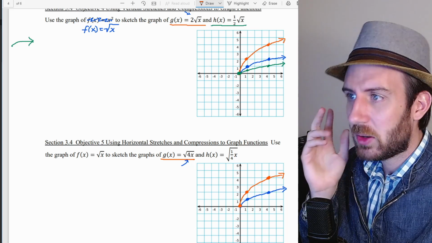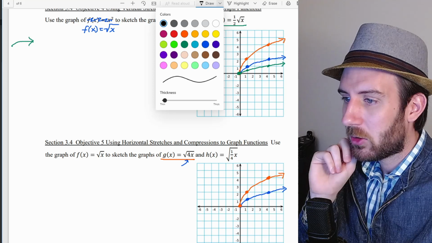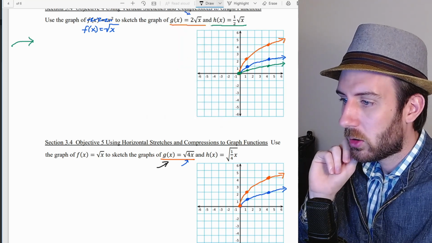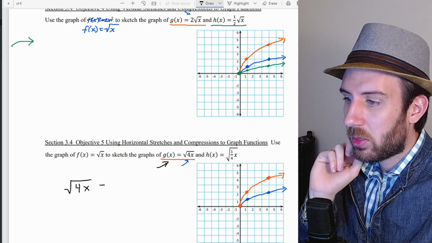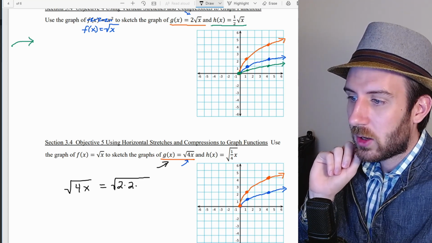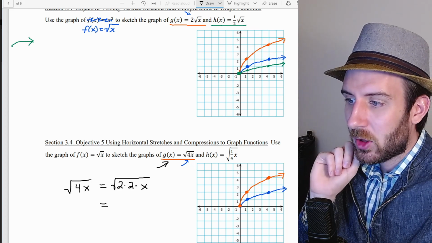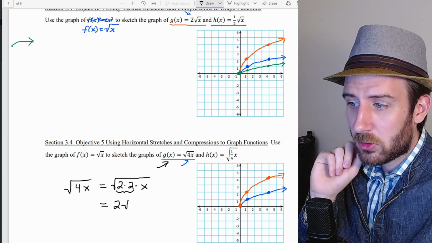Well, we can use our symbols, our algebraic manipulations here to be able to see exactly why that is. Let's start with this one. Square root of 4x can be thought of as square root of 2 times 2 times x. And if I have a 2 squared like I do right here, that can be brought out as saying I have 2 times the square root of x.